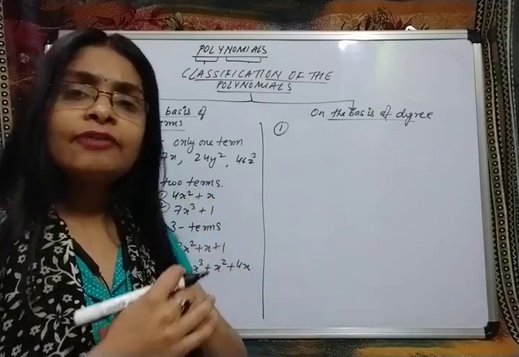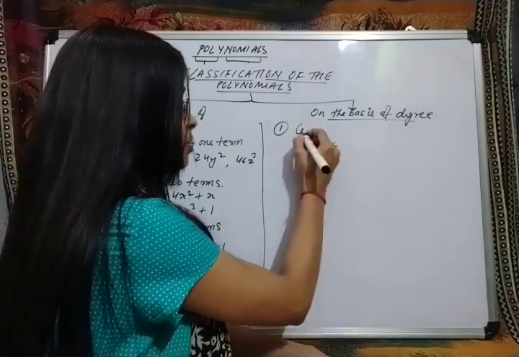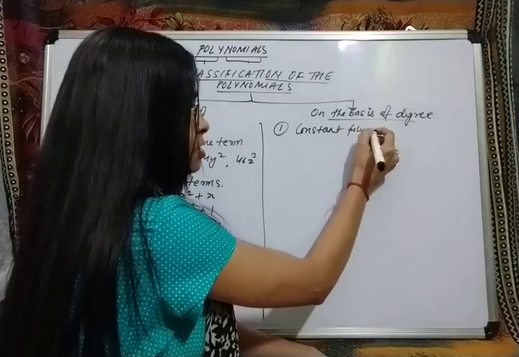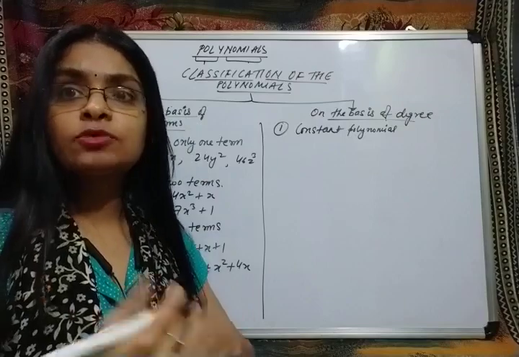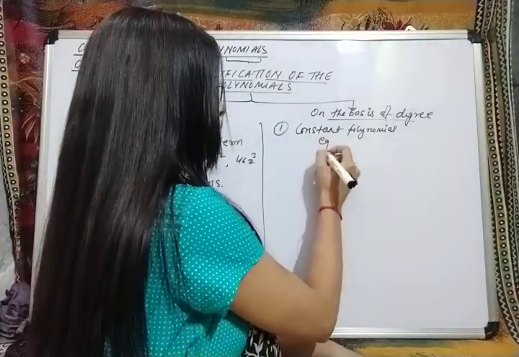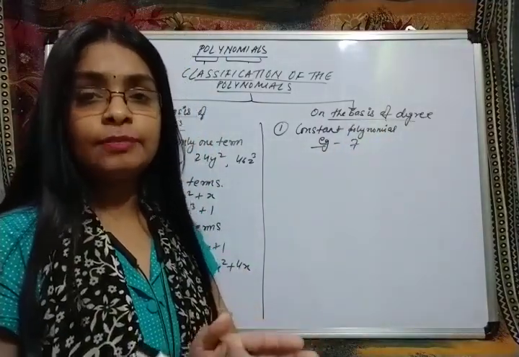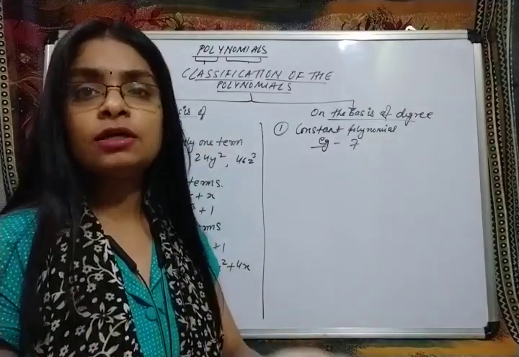And that will be of which polynomial? Obviously, the constant polynomial. If I just write a constant, a number, that will be a constant polynomial, and its degree will be 0. Suppose I write 7. That means 7 is multiplied by x to the power 0, so its degree is 0.